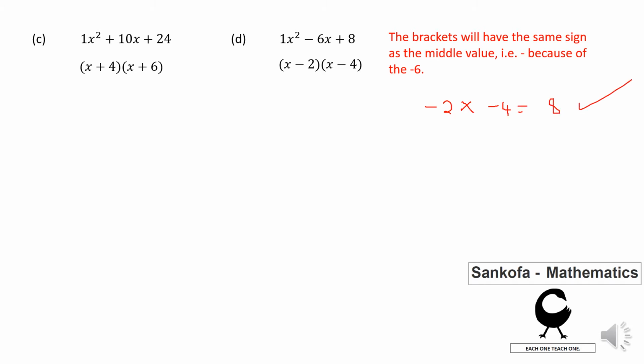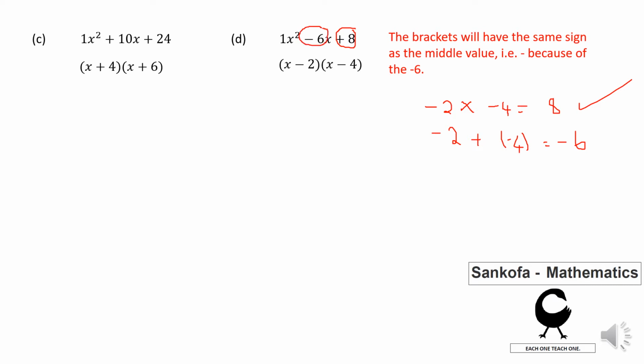So that checks the box for this positive 8 here. And then what about negative 2 plus negative 4? That gives you nothing but negative 6. And that negative 6 also checks our middle value.